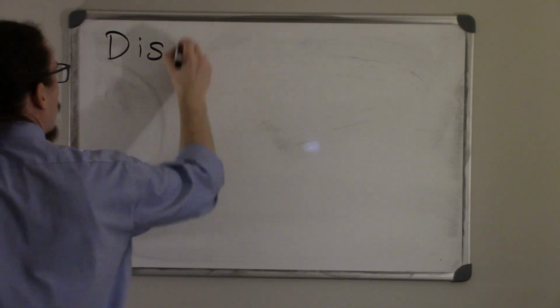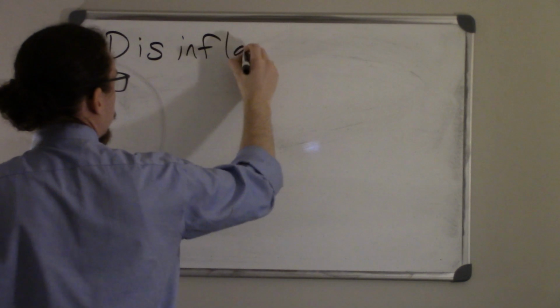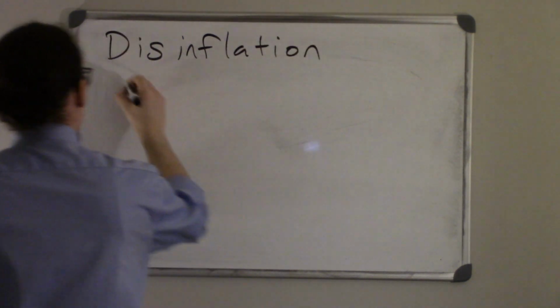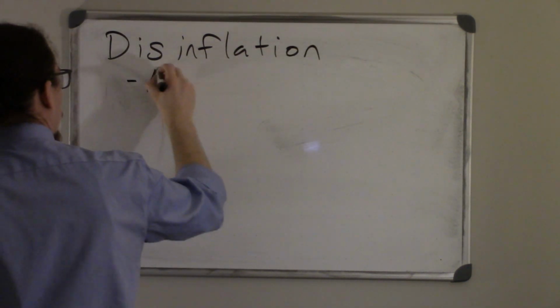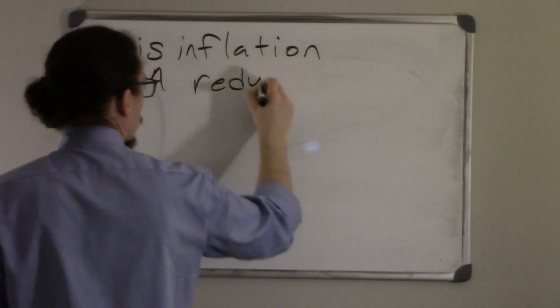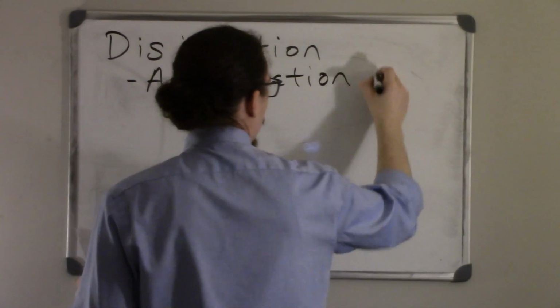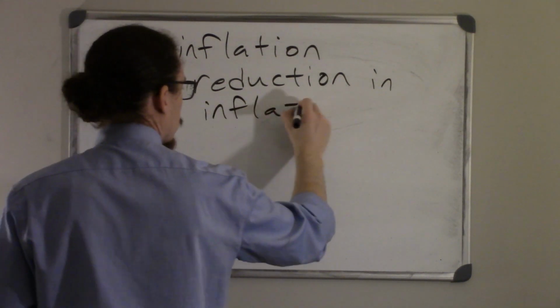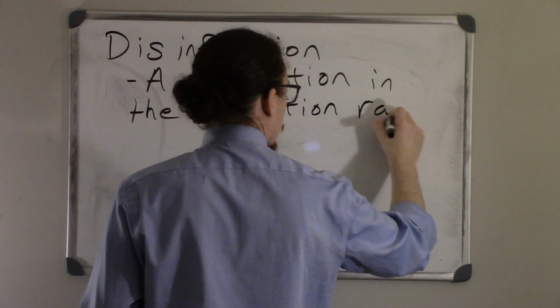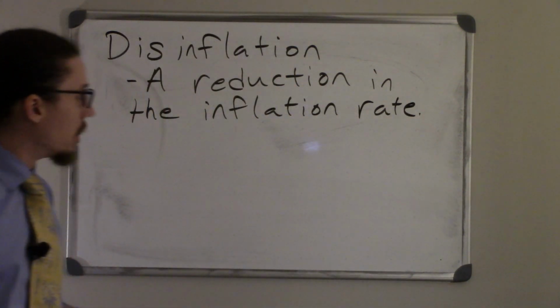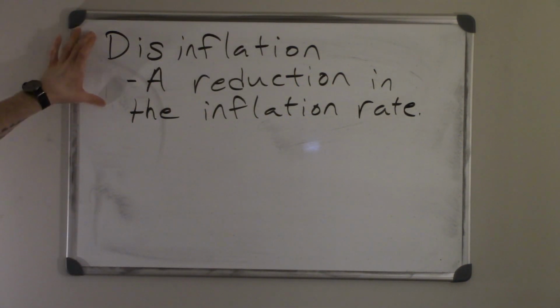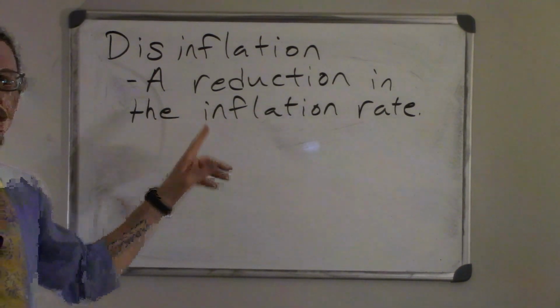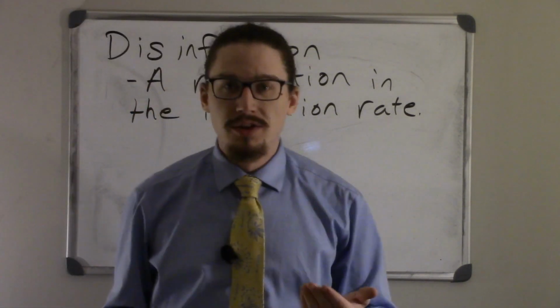Right? We don't want to get this confused with disinflation. Disinflation is a reduction in the inflation rate. So this is different from deflation because with deflation, prices are lower than they were.